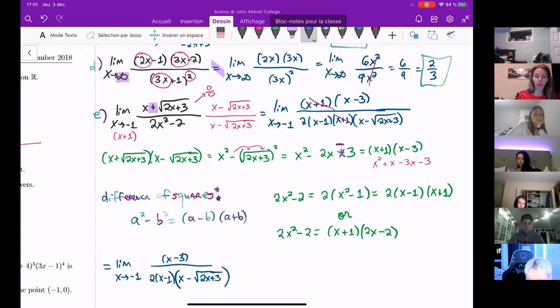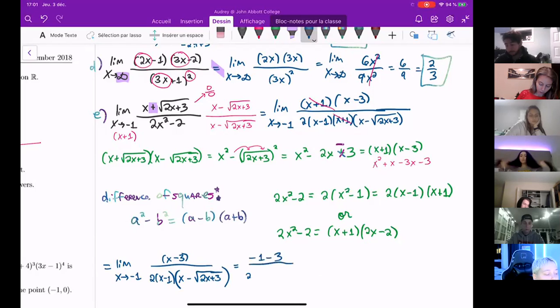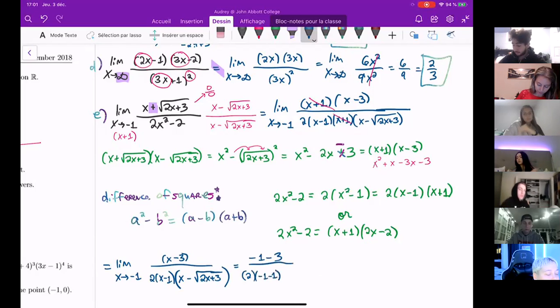Now I'm going to plug in again to get -1 minus 3, 2 minus 1 minus 1, minus 1 minus the square root of 1.